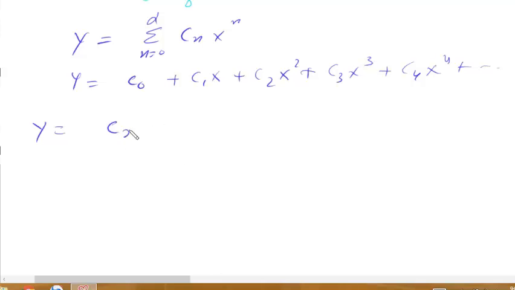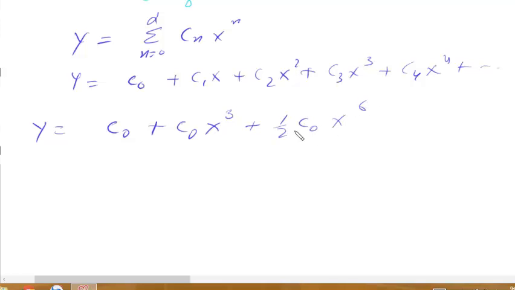This is c naught, the value of c1 is 0, this is 0, this is 0, and then the value of c3 is equal to c naught, then this is c naught x cube, and the value of c4 is also equal to 0, and the value of c6 gives 1/2 c naught x to the power 6.